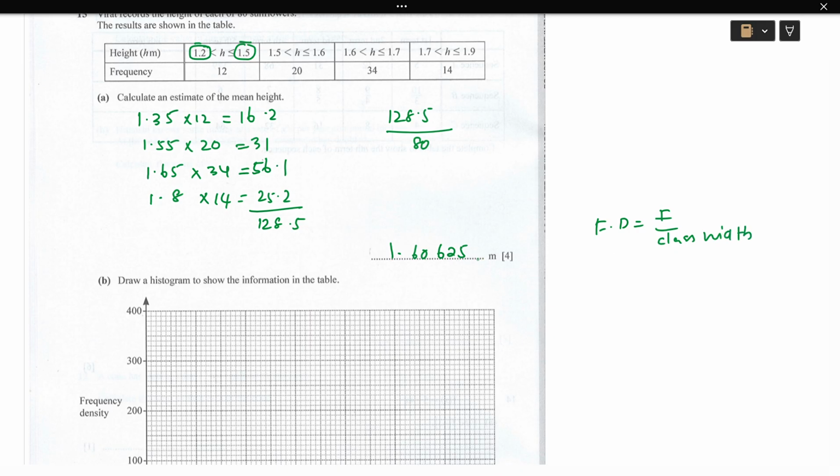First one, frequency density equal to 12 over the difference 1.5 minus 1.2, which is 0.3, equal to 40. Next one is 20 divided by 0.1, which is equal to 200. Next is 34 divided by 0.1, which is 340.